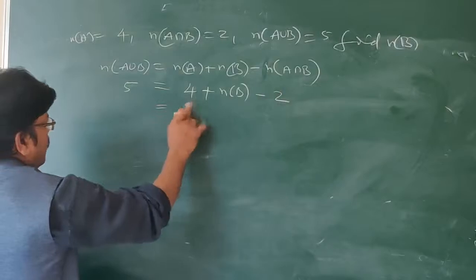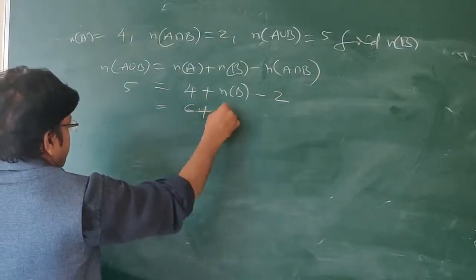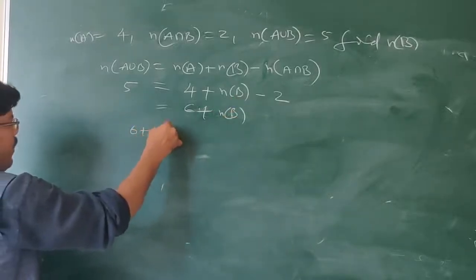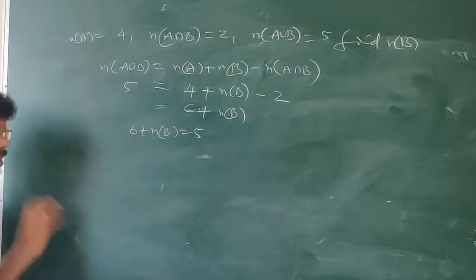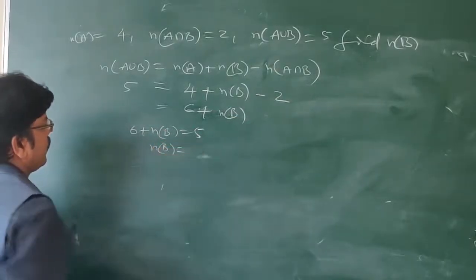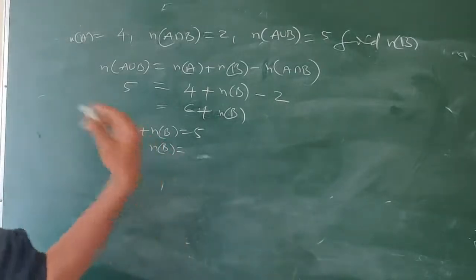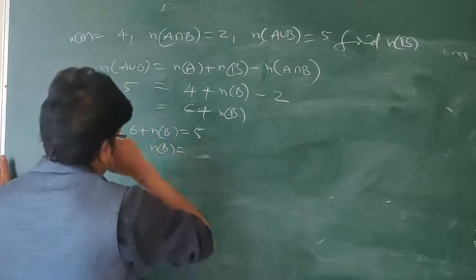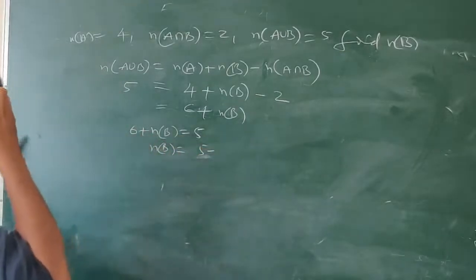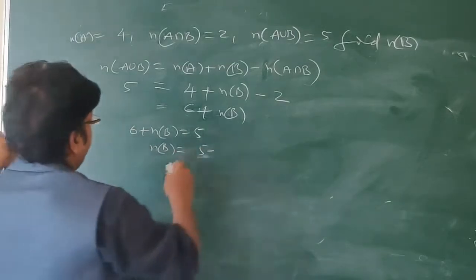Now 4 plus 2 is 6, plus n of B equals 5.